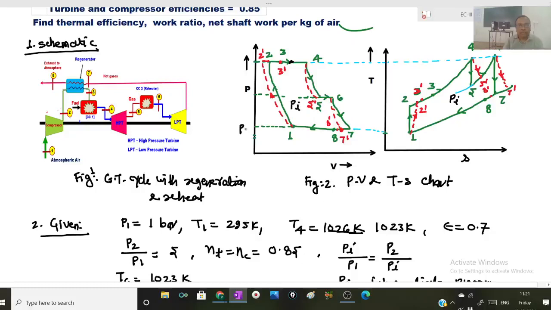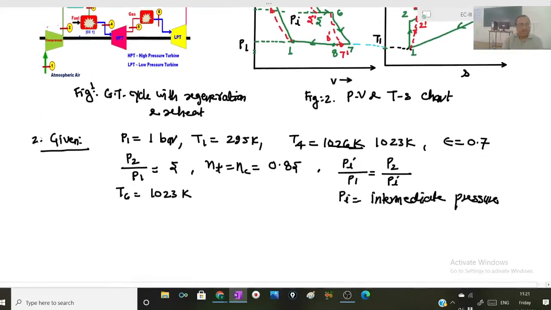This is P1, this is P2, and this is Pi. Similarly, this is T4. Here T4 is equal to T6. This is T1. So after listing all these given parameters, now make some assumptions.